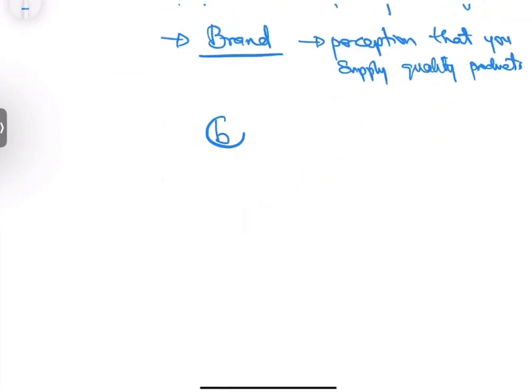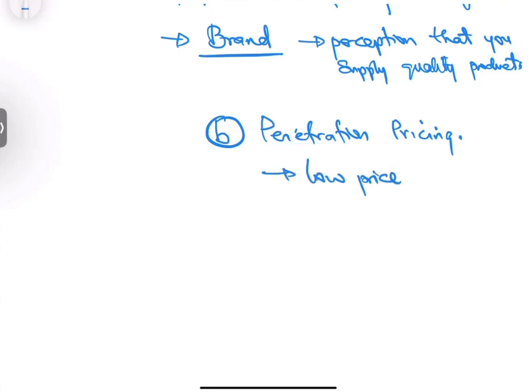Another method you can use if you're introducing a new product is price penetration. You can do penetration pricing. And I mentioned this earlier. What you are just saying here is that you are charging low price. And when you charge low price, the whole world can afford it.